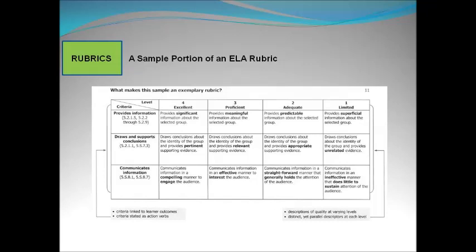I like the 5-point scale, but point being, when you set about to make your own rubrics for your own students, you just try to think in terms of the 4-point scale, particularly if you're teaching in elementary or junior high school. It doesn't matter as much when you're at the high school level, but at the earlier grades, you'll want to move to a 4-point scale with your scoring system. Okay?